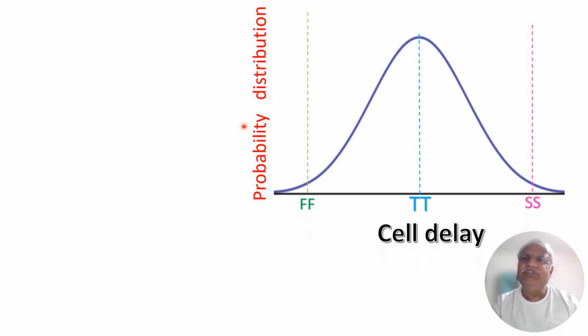For understanding the evolution of the process corners, we will again consider the distribution of the cell delay, and we will understand that this mean, whatever we are seeing here, has the largest probability.